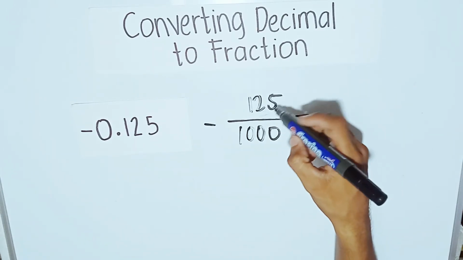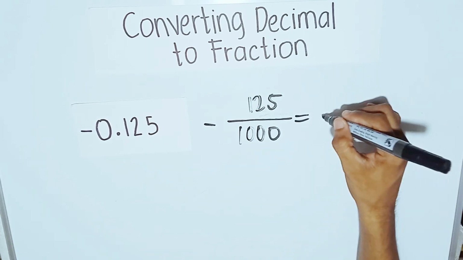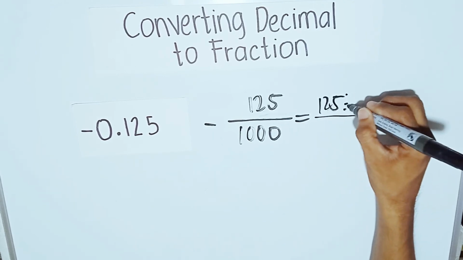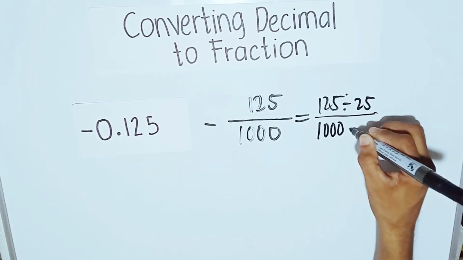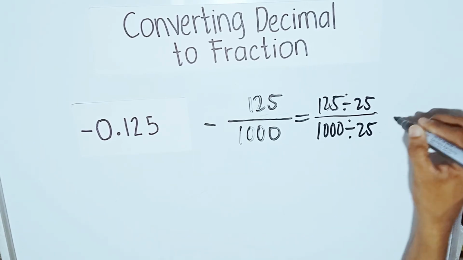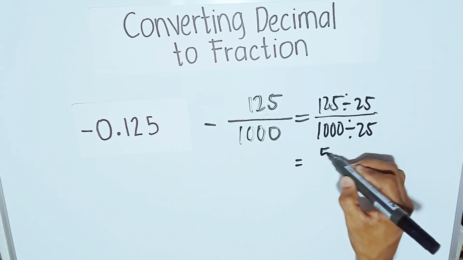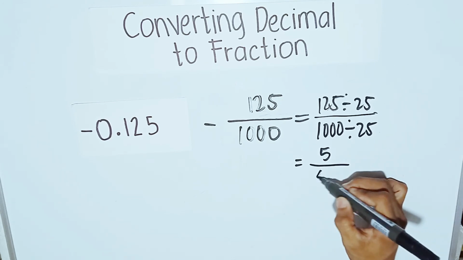At ang pwedeng makapag-divide sa 125 over 1,000 will be, pwede namang 25. Tingnan natin yung 25. 125 divided by 25, and also 1,000 divided by 25. Kung napapansin nyo, meron tayong 125 divided by 25, meron tayong 5. And then 1,000 divided by 25, meron tayong 40.